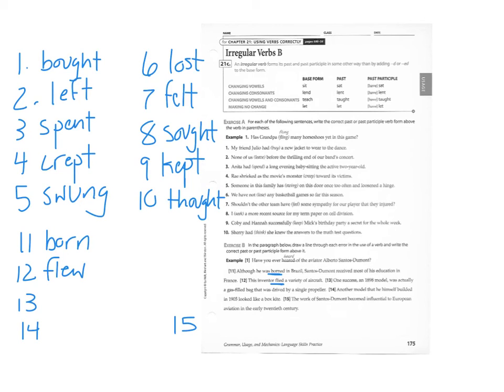For 13, we're not going to say drive, we're going to say driven. For 14, it's not going to be builded, we're going to need the past built. And then for 15, it's not going to be become, it's going to be became.